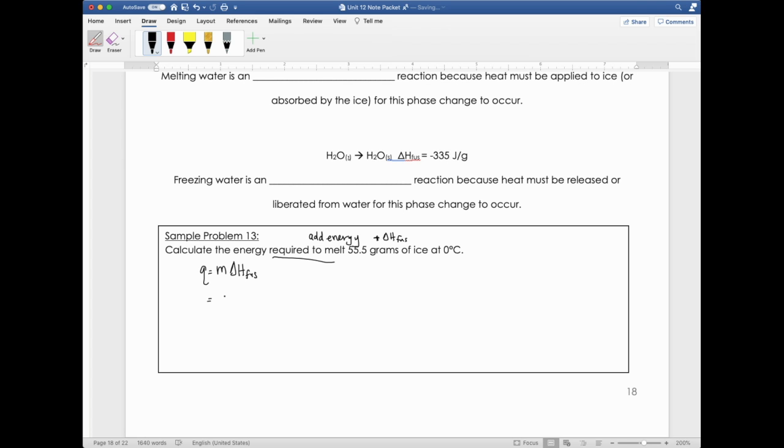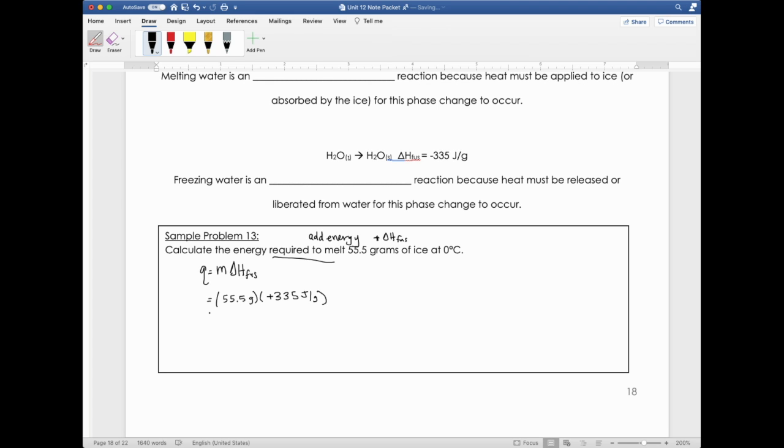So the mass of the sample is 55.5 grams of water, and I'm going to multiply that by 335 joules per gram. That enthalpy of fusion is specific to that particular substance at the particular phase change, so you're going to have that either given to you or you could easily find that somewhere when you're solving these problems.